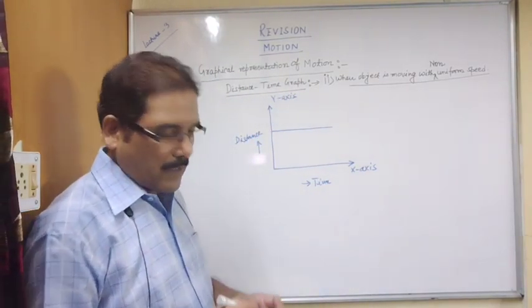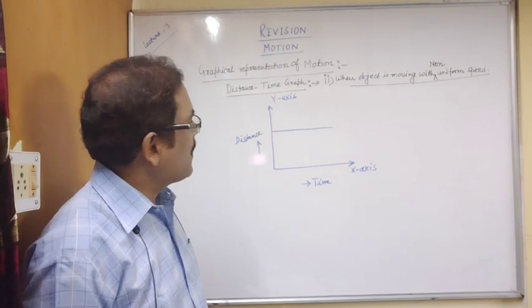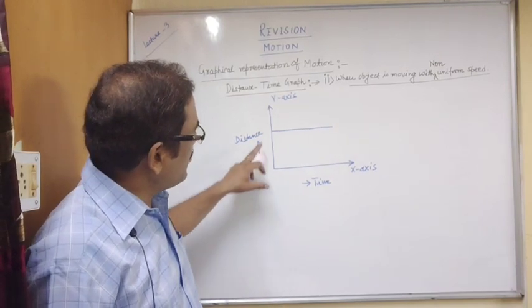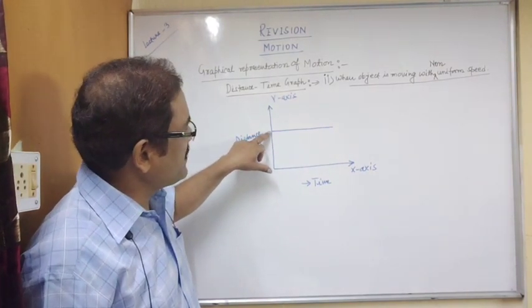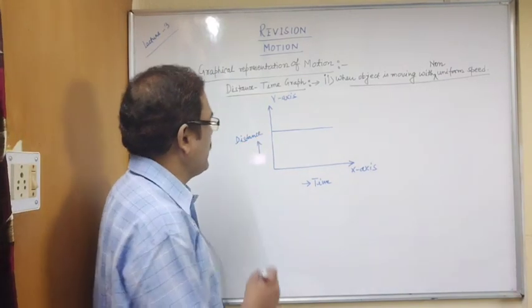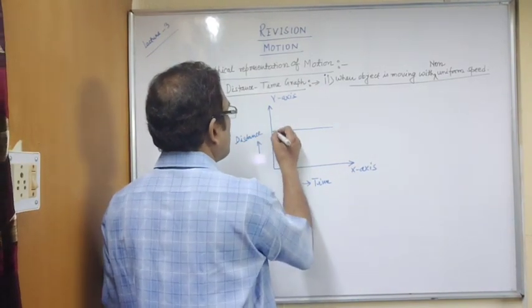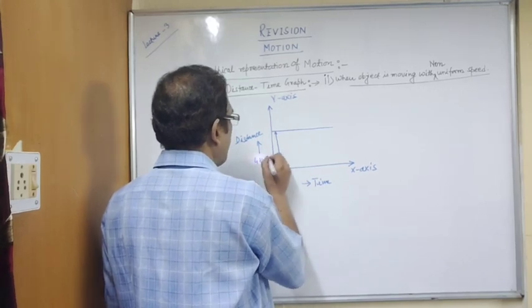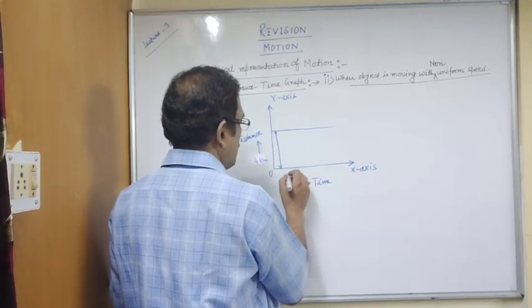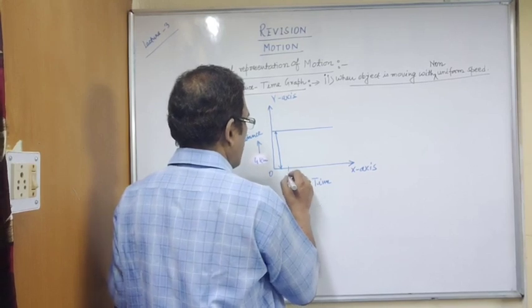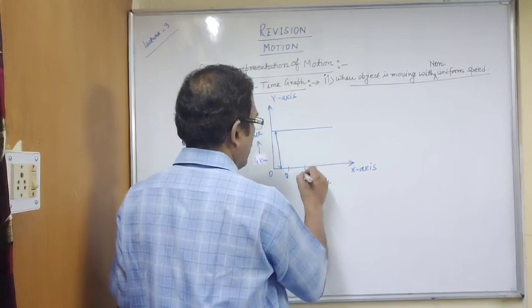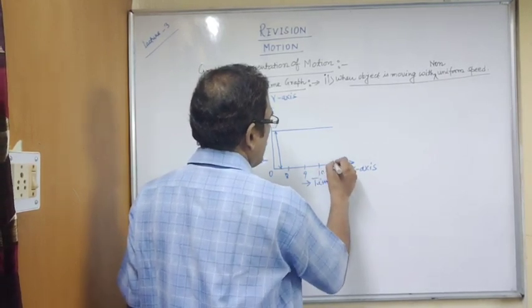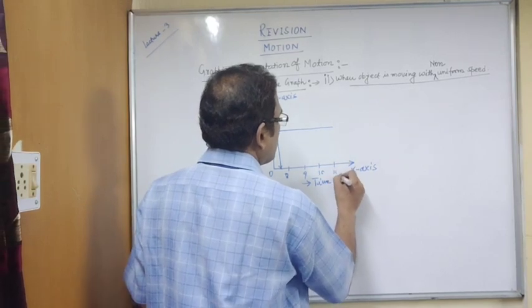So what it shows, from the graph we can see the distance covered by the object is fixed, whatever be the time. In the beginning, suppose this distance is 4 kilometers, and suppose time is 8 am here, 9 am here, 10 am here, 11 am, like this.